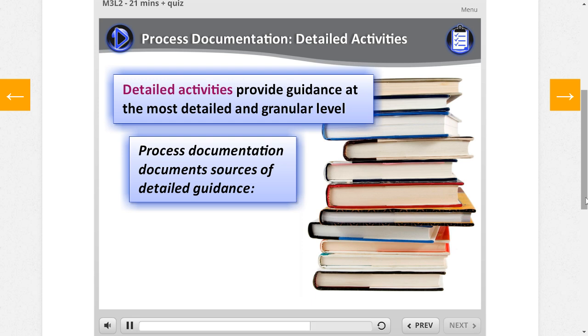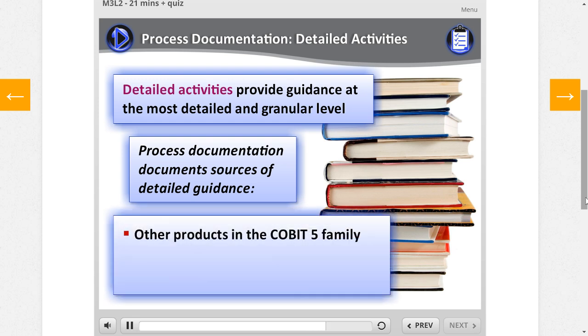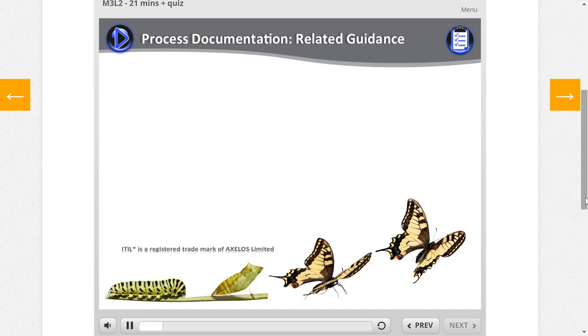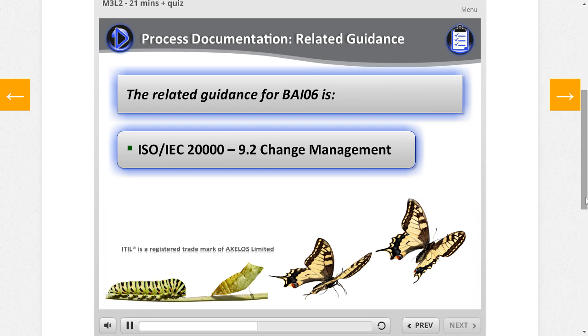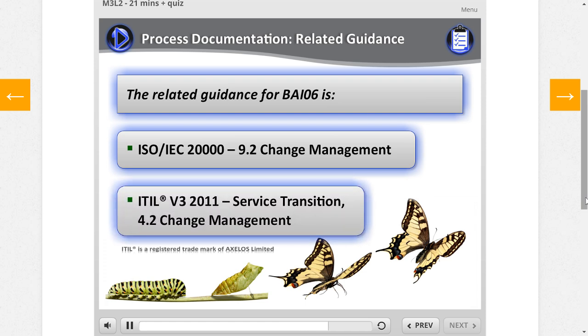These include other products in the COBIT 5 family, recognized standards and frameworks, and books. The process definition includes a section labeled Related Guidance. The related guidance for BAI 06 is ISO IEC 20000, 9.2 Change Management, and ITIL, Service Transition, 4.2 Change Management.